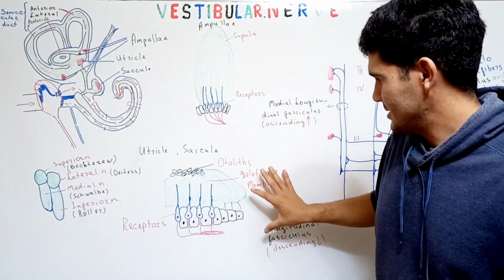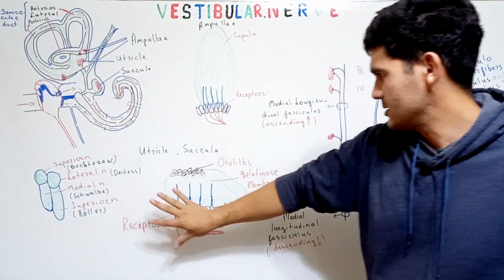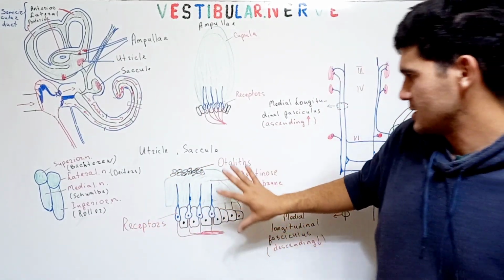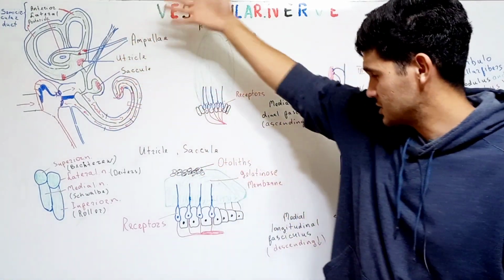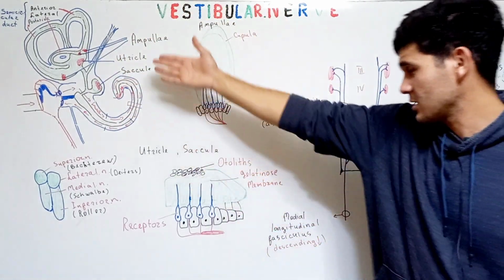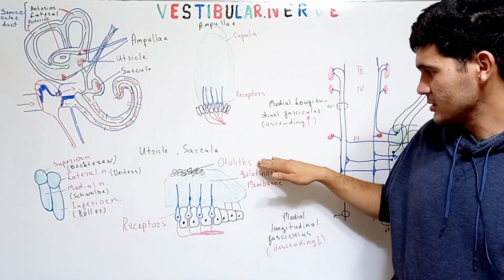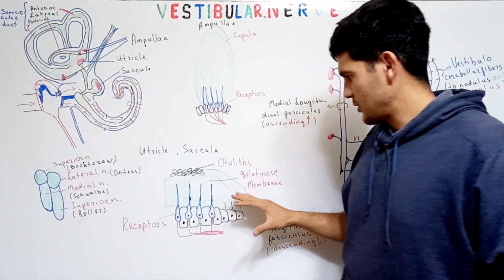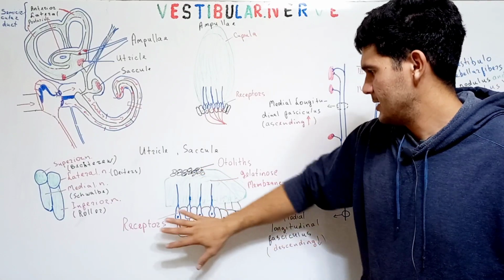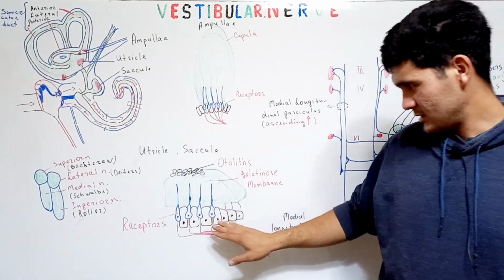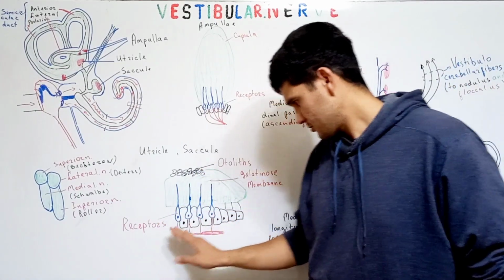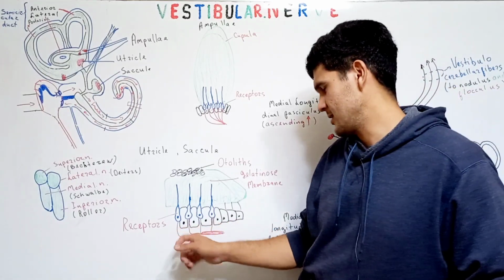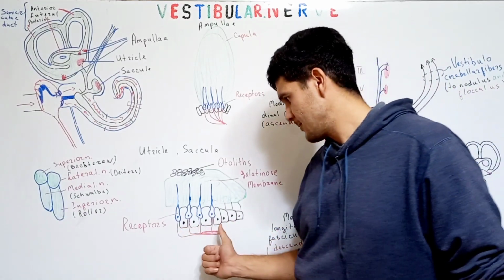Now, that's their structure, and these structures consist of otoliths on a gelatinous membrane, and the gelatinous membrane covers the receptors, and the receptors are located between sustaining cells.